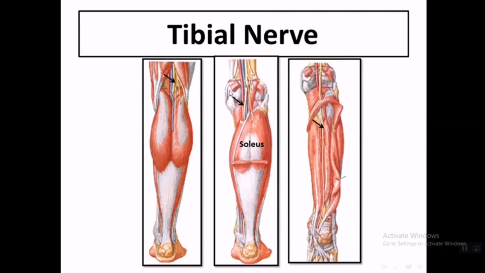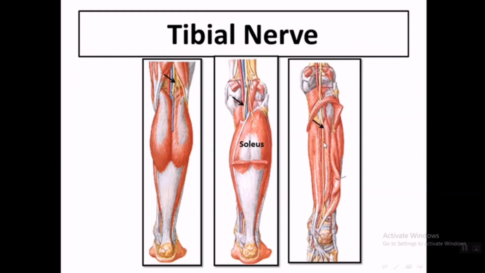This tibial nerve will pass through the popliteal fossa and disappear at the lower border of the popliteus muscle. It will disappear behind gastrocnemius and soleus, and become posterior to the tibialis posterior muscle.